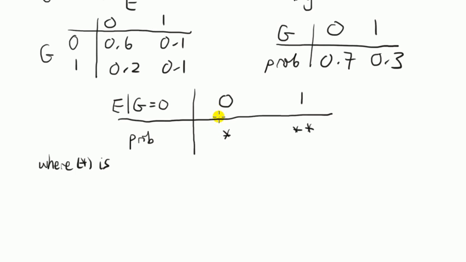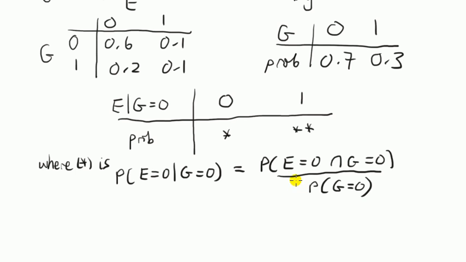First, I'll talk about how to get the probability that E is 0 given G is 0. Now, because this is a conditional probability, we know the conditional probability is related to the marginal and to the joint probability through Bayes, like so. But we know what these probabilities are, because from the table, this top one, probability of E is 0 and G is 0, we get that from the joint distribution.